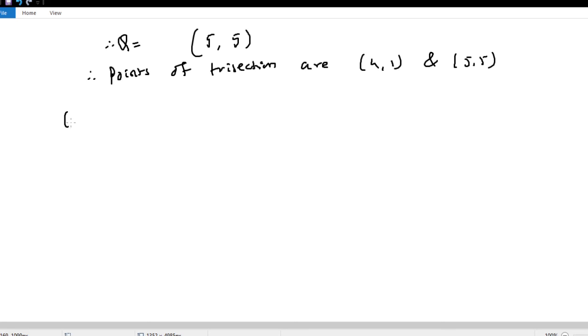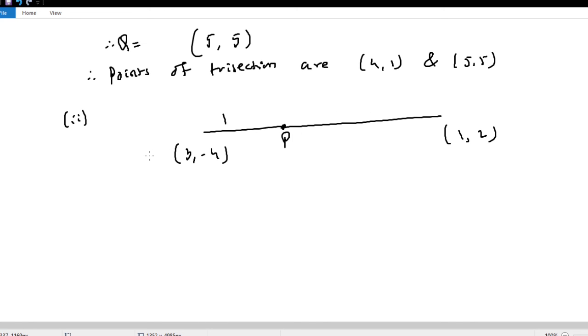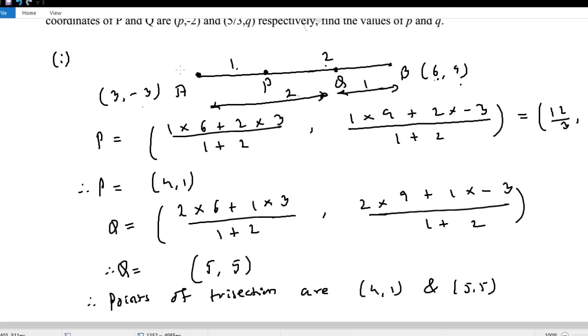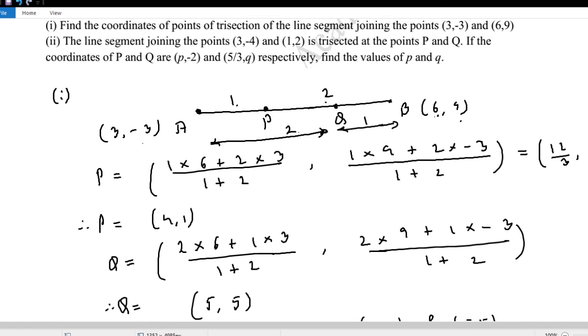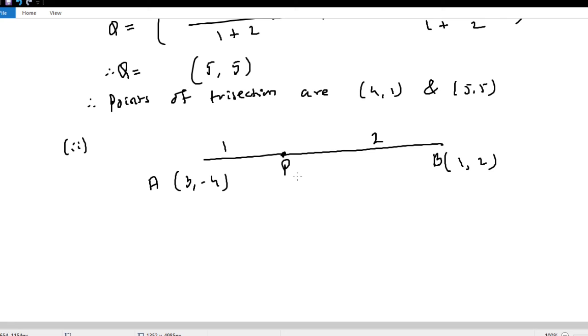Let us make a simple figure again. So we have point A (3, -4) and B (1, 2) here. This is your point P, which is dividing AB in the ratio of 1:2, and the point P's coordinate is also given to us as (p, -2).